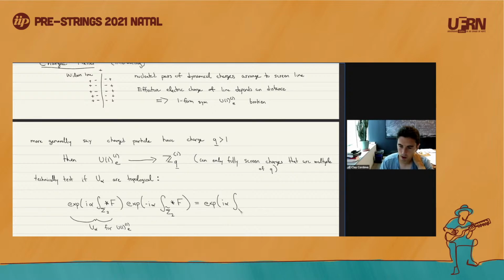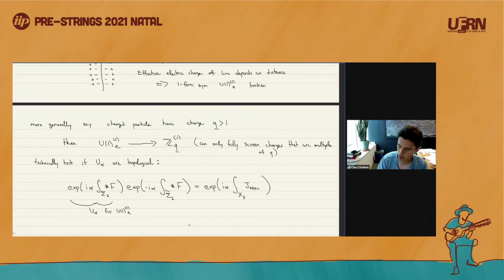So we'll have some x3 where sigma 2 and sigma 2 tilde together make the boundary of this x3, of J electric. Here, J electric is the current that appears in the Maxwell equations, d star F equals J electric. That's the new Maxwell equation. To get this, I did Stokes and then used this equation of motion.